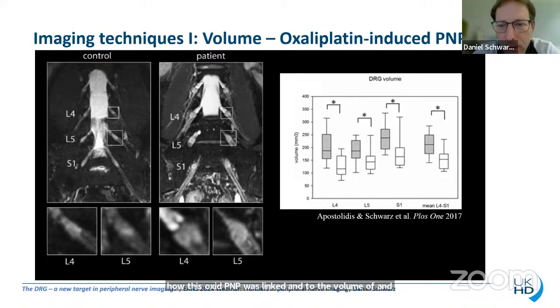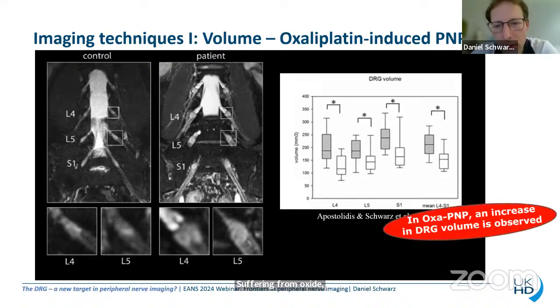And what we found was that although the peripheral nerve actually looked pretty unremarkable and didn't show typical T2 hyperintensities, we found that we had very consistent increase in the DRG volume of the L4, L5, and S1 dorsal root ganglia among the patients suffering from oxaliplatin-induced peripheral neuropathy.